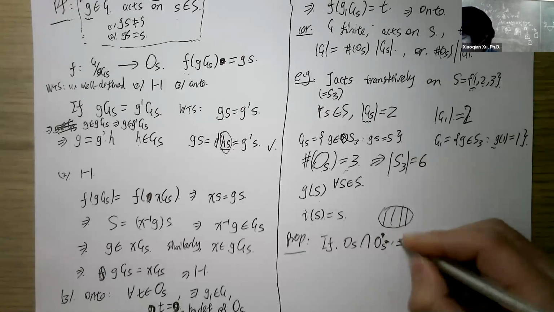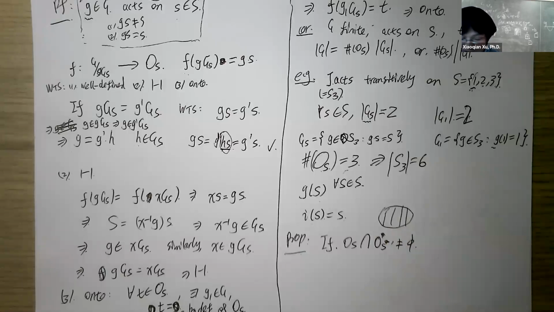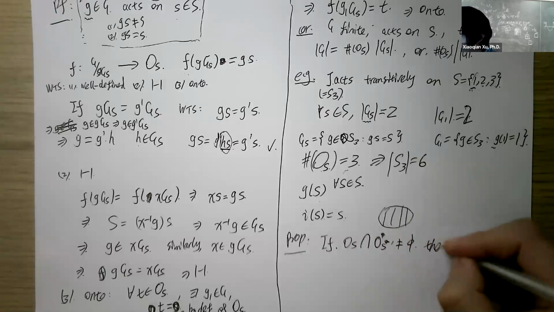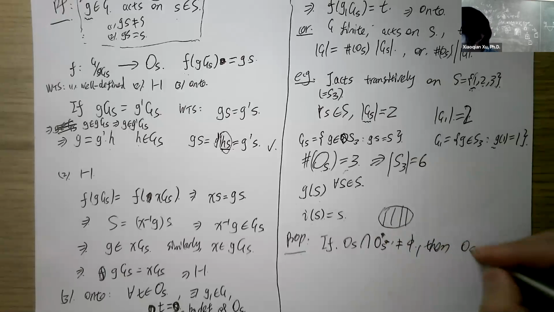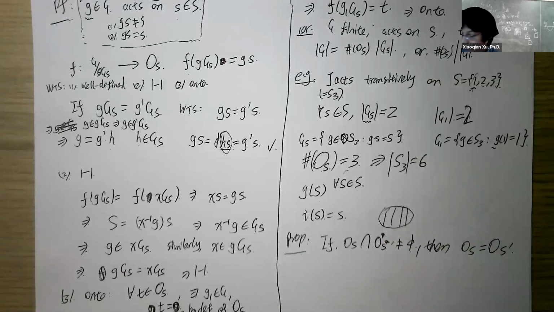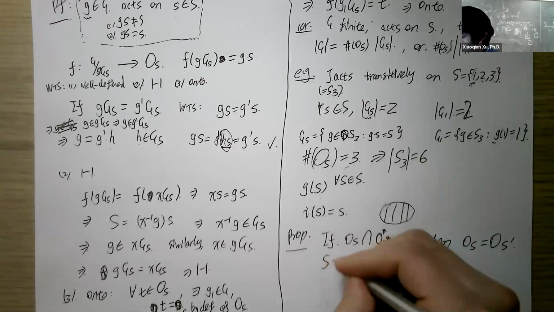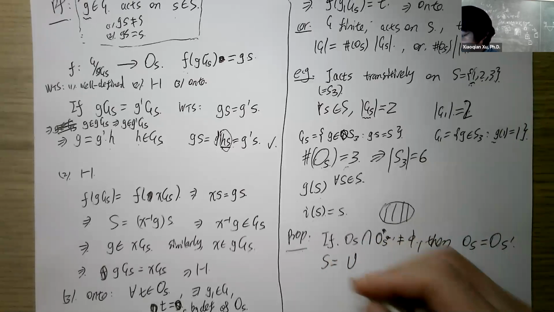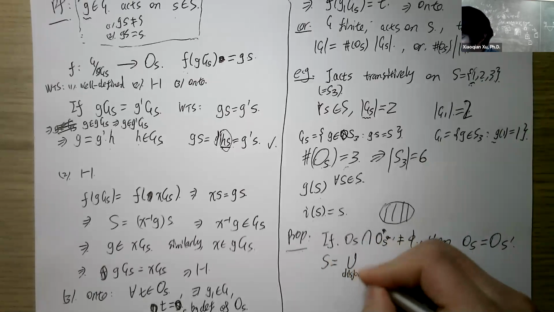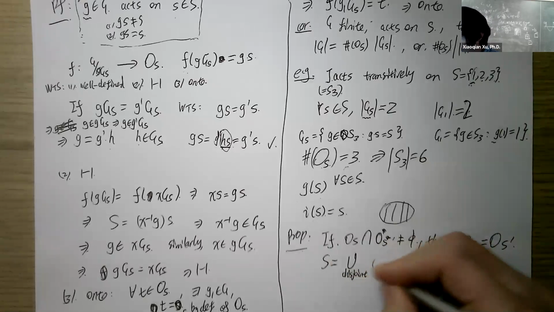has a non-trivial intersection, then O_s is equal to O_s prime. And S is equal to the union of disjoint orbits.